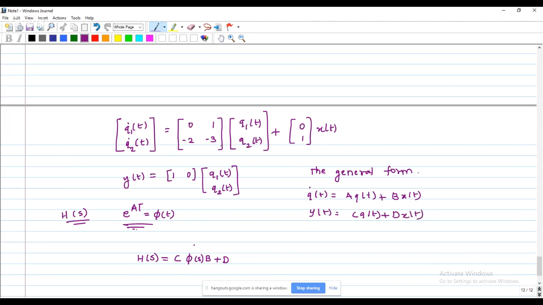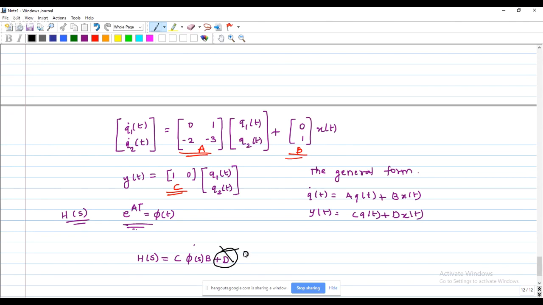So here, this is my A matrix, this is my B matrix, this is my C matrix, and of course D is equal to 0. Because D is equal to 0, this term is gone.